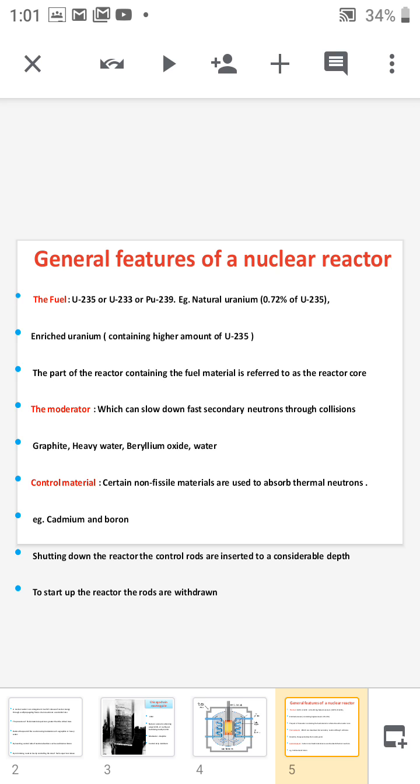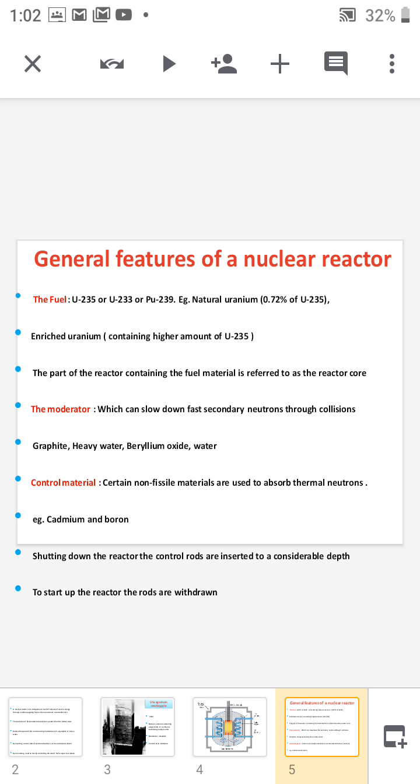So the next feature is the control material. Control material means certain non-fissionable materials are used to absorb the thermal neutron in order to reduce the number of neutrons to continue the sustainable chain reaction. Examples are cadmium and boron.